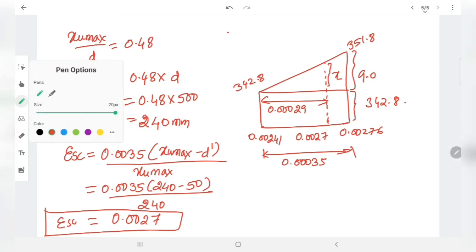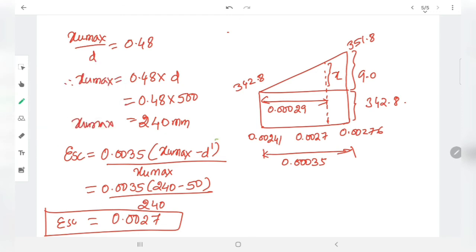Now I will choose the two triangles. This is the first triangle and this is the second triangle. Using the similar triangle method, first I will choose this one. It is x divided by 0.00029, is equal to, opposite by adjacent side of one triangle equals opposite by adjacent of the other triangle, that is 9.0 divided by 0.00035.